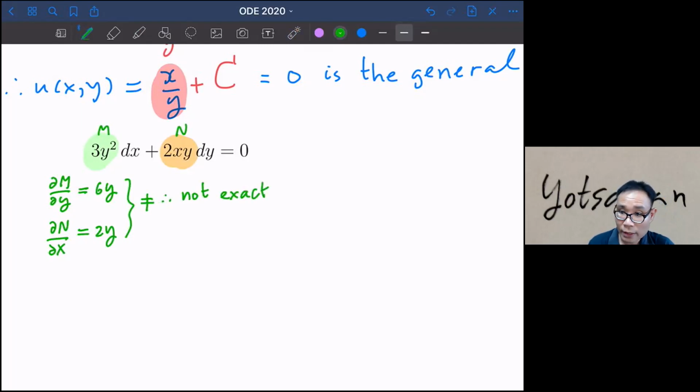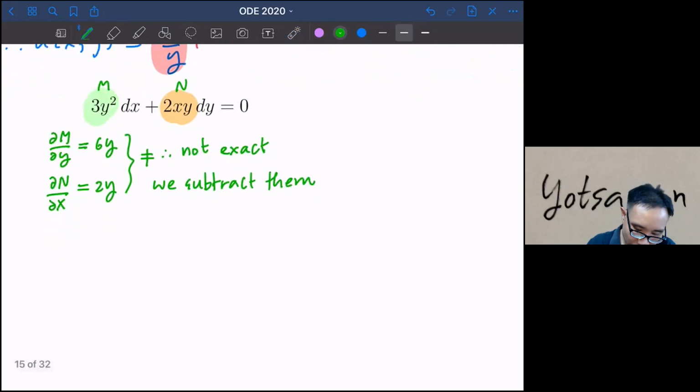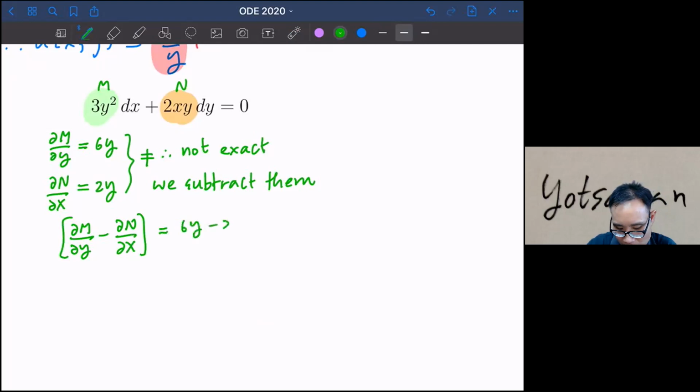So they are not exact. So you're gonna subtract them. We subtract them, so you get dM/dy minus dN/dx equal to 6y minus 2y.